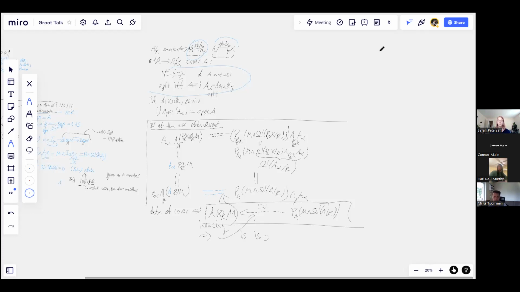For discrete rings, you can check if a map of sheaves is an isomorphism if it's an isomorphism on stalks, and it is also a surjection if it's a surjection on stalks.